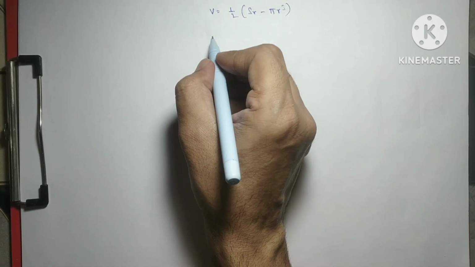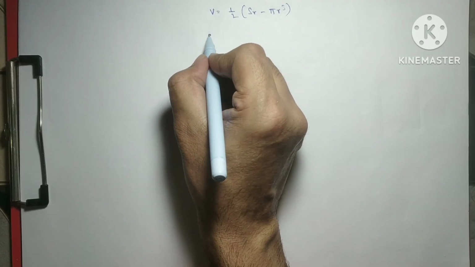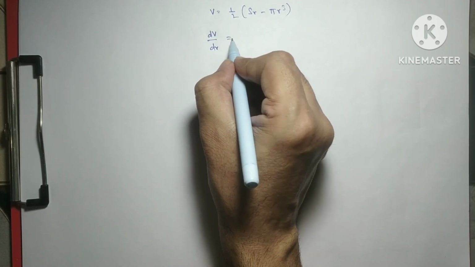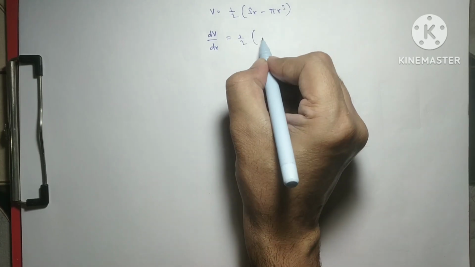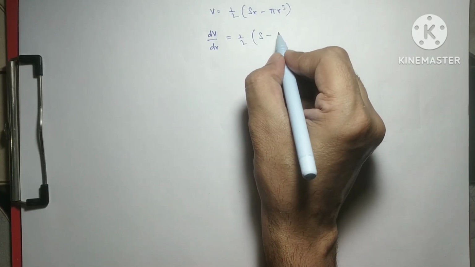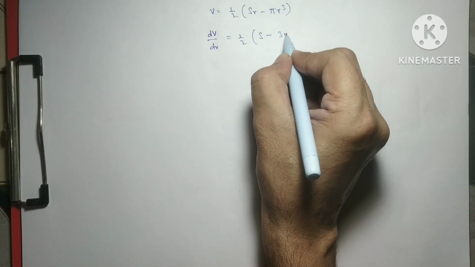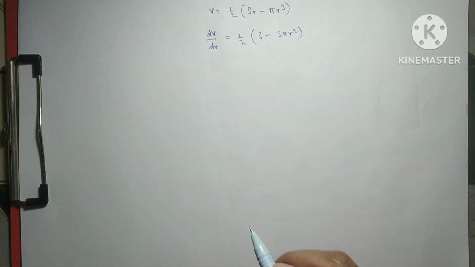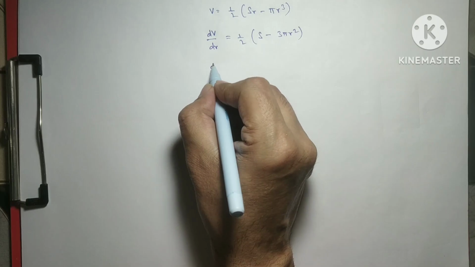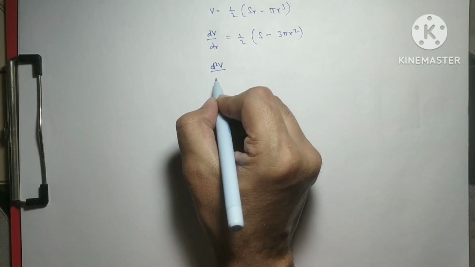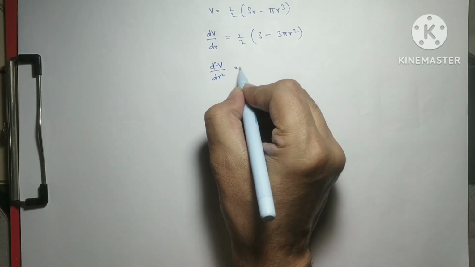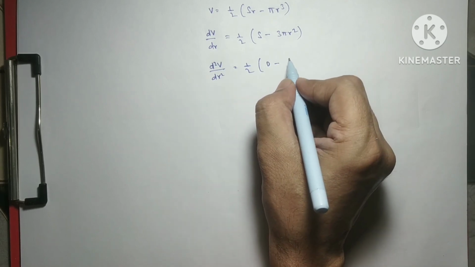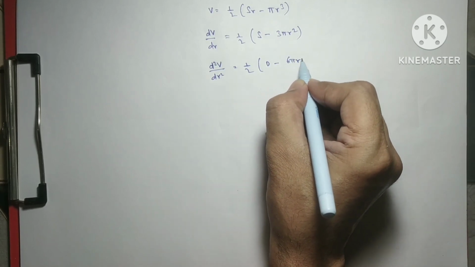So thus on applying second derivative test, dv over dr, it will be half s minus 3 pi r square, and the second derivative d2v over dr square, that will be half 0 minus 6 pi r.